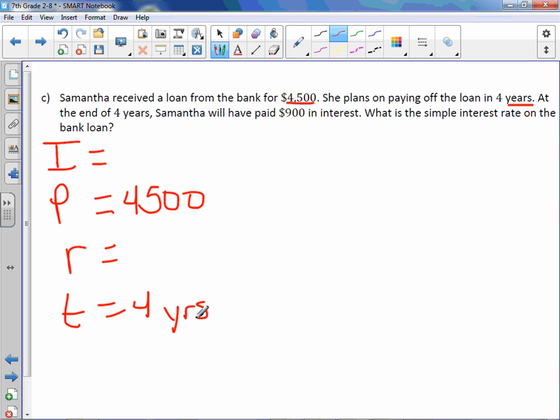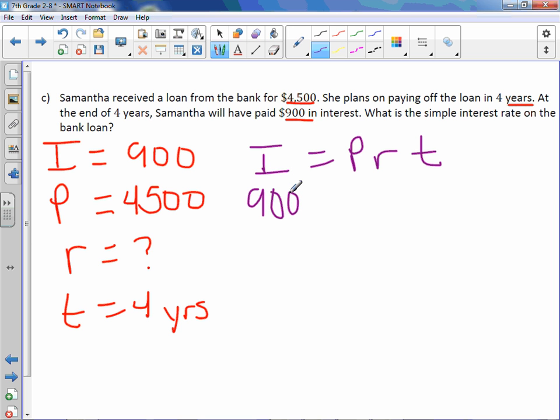At the end of 4 years, Samantha will have paid $900 in interest. What is the simple interest rate on the bank loan? I equals PRT. I is 900. P is 4,500. We don't know R. And T is 4. Let's take care of that.